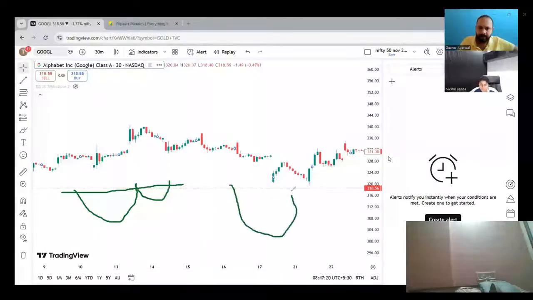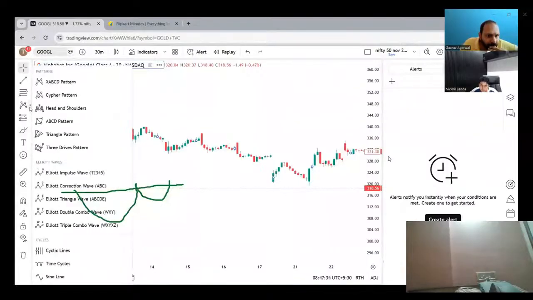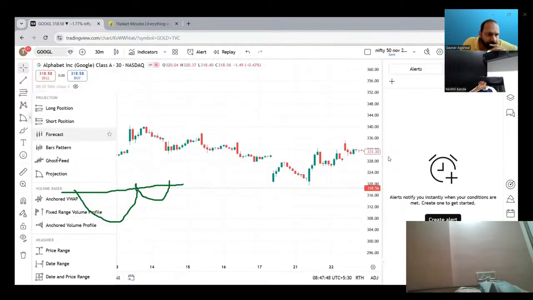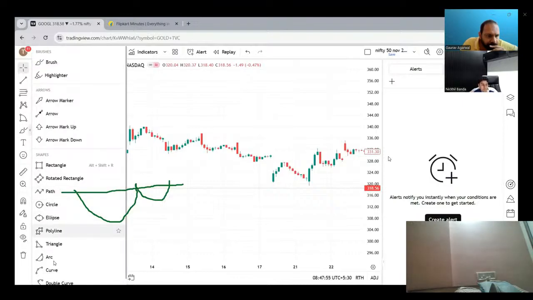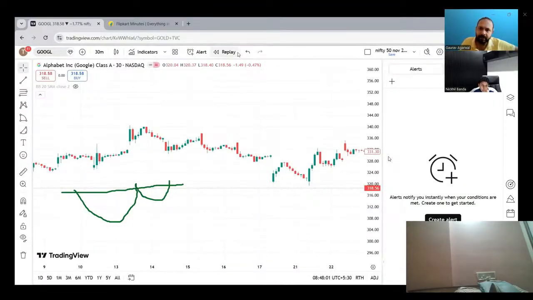The second variety can be like this. The first variety is like this, and in the second variety the cup will be like this, but the handle may be like this.